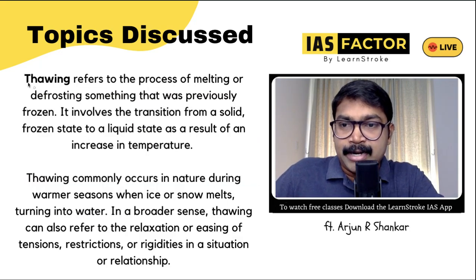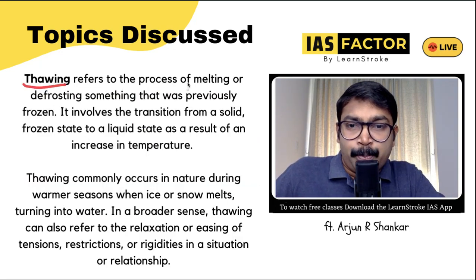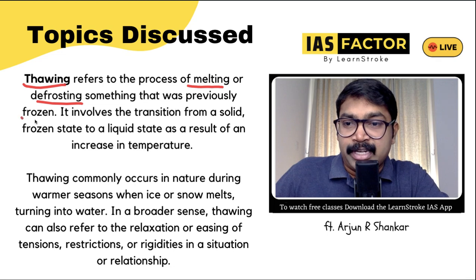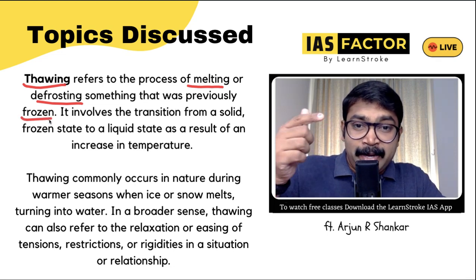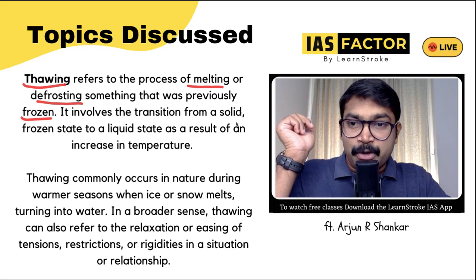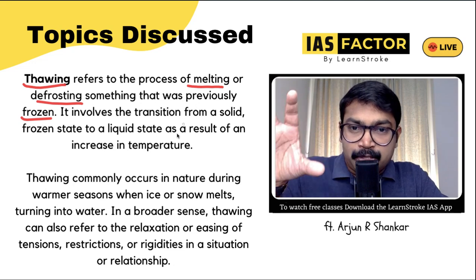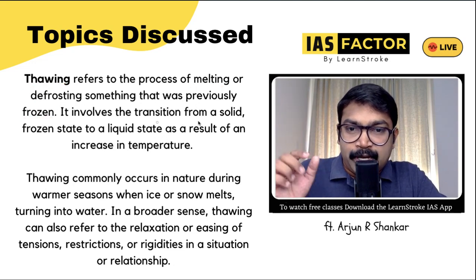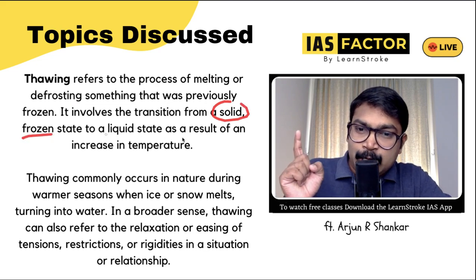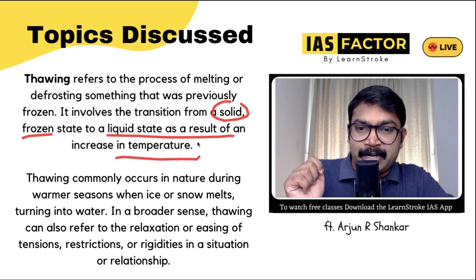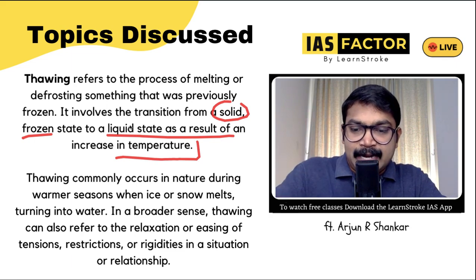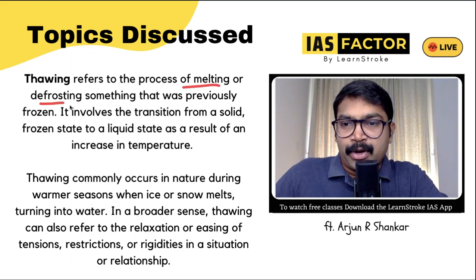Thawing refers to the process of melting or defrosting something that was previously frozen. So it means melting or defrosting. You must have defrosted your fridge. So melting or defrosting is the key important word. It is a transition from a solid frozen state to a liquid state as a result of an increase in temperature. Please understand, from a solid thing it goes to a liquid state, that is melting, or defrosting, that is thawing.